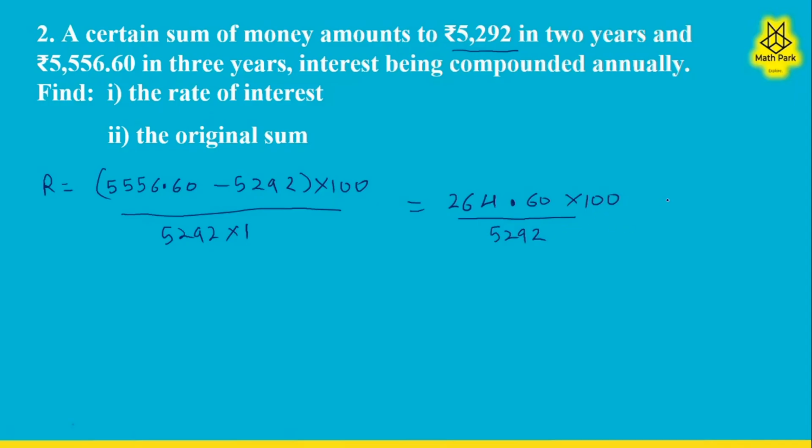Let us remove the decimal. So we get 26460 into 100. Removing the decimal, we get the denominator 100, and this is 5,292.